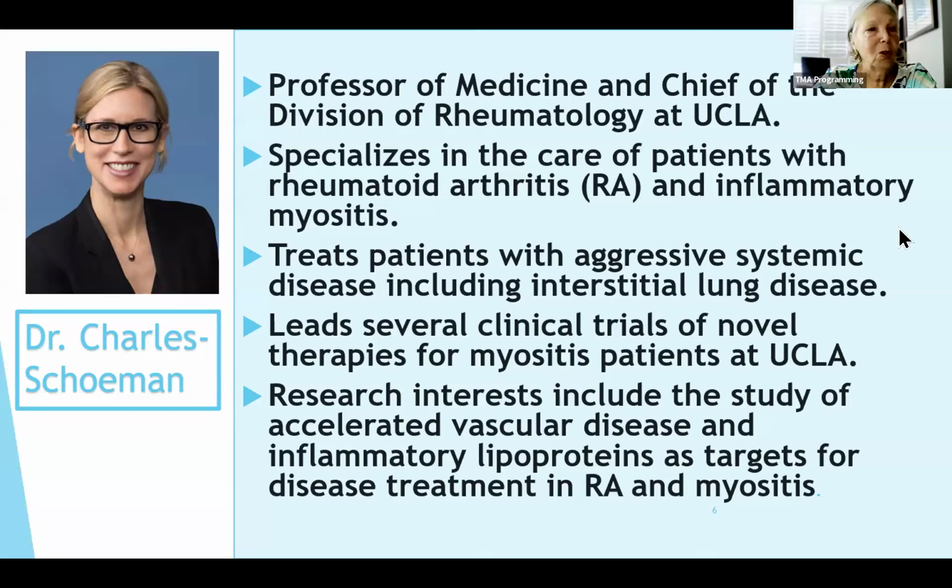Dr. Charles-Schoeman specializes in the care of patients with rheumatoid arthritis and inflammatory myositis. She treats patients with aggressive systemic diseases, including interstitial lung disease. She leads several clinical trials of novel therapies for myositis patients at UCLA.